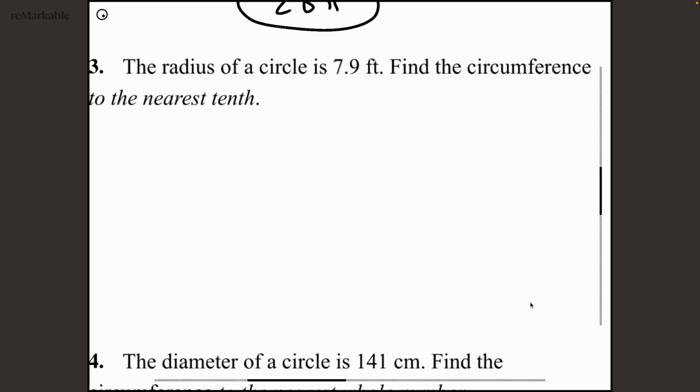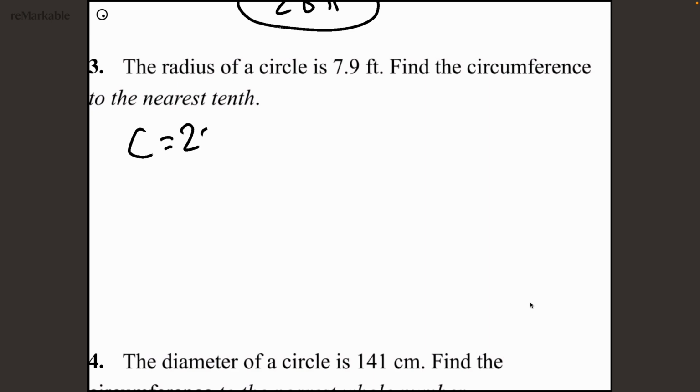This one says the radius of a circle is 7.9 feet. Find the circumference to the nearest tenth. Okay, so let's go ahead and plug this into our equation of 2 pi r. So I have 2 times pi, and what's my r? 7.9. What's 2 times 7.9? And then 15.8 times pi in your calculator.